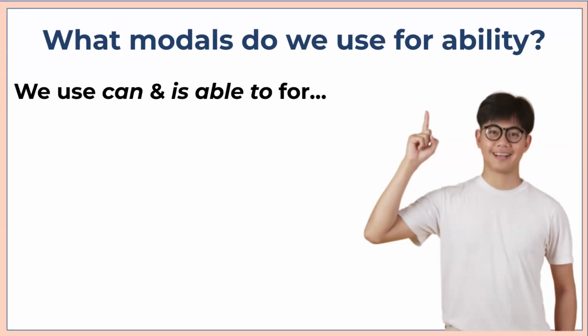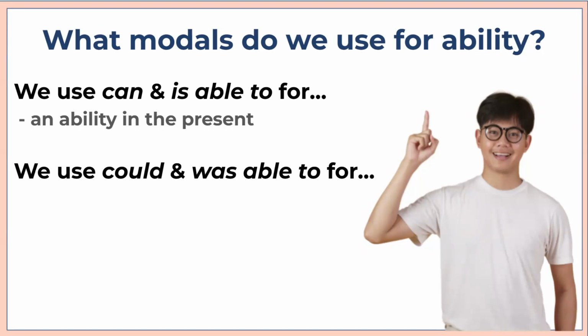What modals do we use for ability? We use can and is able to for an ability in the present. We use could and was able to for an ability in the past. Now, we do have to be careful with is able to because we need to conjugate the verb to the subject correctly.